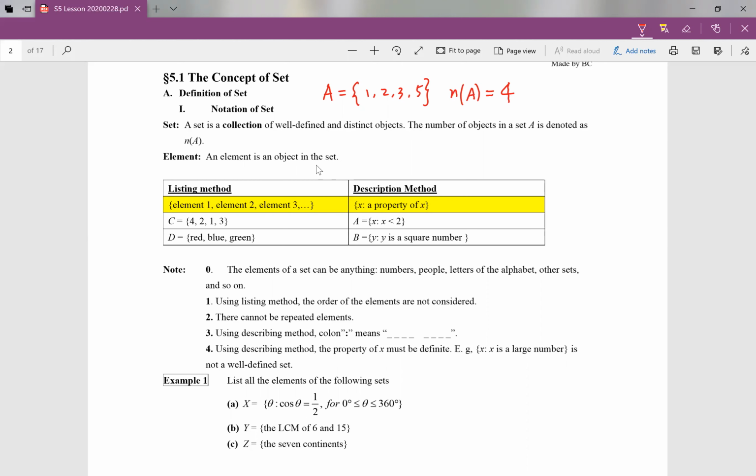Moving on. Element. An element is an object in a set. In this example, 1 is an element of A. So is 2, so is 3, and 5.